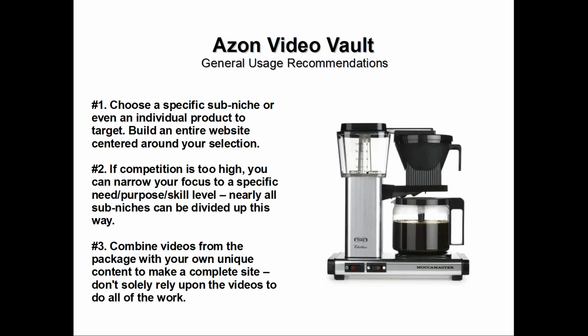Is it feasible for me to do it with my subject selection? And if it seems like it's going to be too much, narrow down your focus more until you get to the point where it feels like it is a reasonable amount of work for you to accomplish. That way, it's a reasonable amount of work for you to try to put yourself in an authority position for that niche or sub-niche.